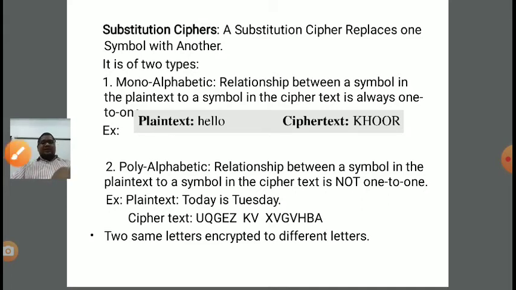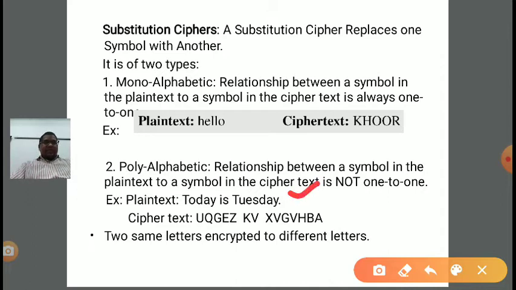An example is listed here. In the plain text the message is: today is Tuesday. In today there is a capital T, and in Tuesday also there is a capital T. The first capital T is replaced in the ciphertext with capital U, but the second capital T is replaced with X. So it is not monoalphabetic, it is polyalphabetic.